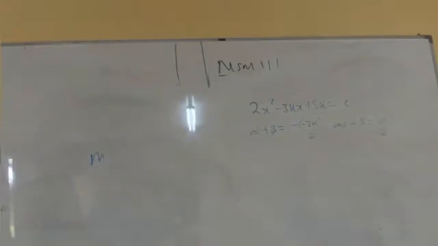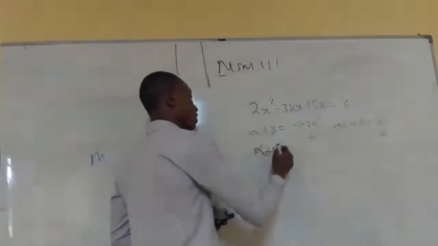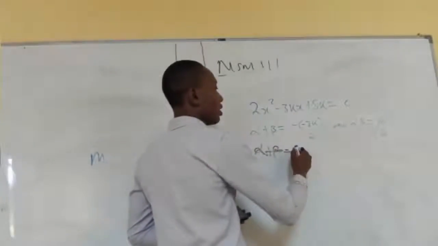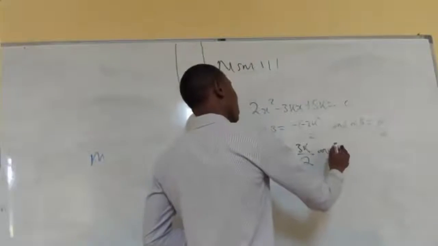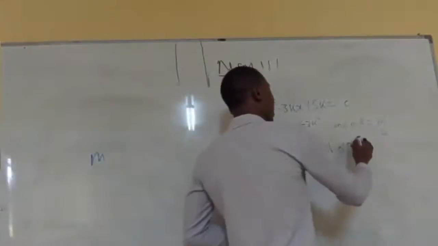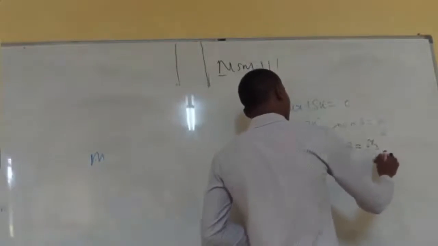Okay, then from what we get, we have alpha plus beta equals 3k over 2, and alpha times beta is equal to 5k over 2.